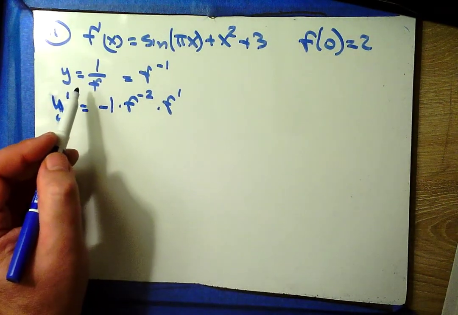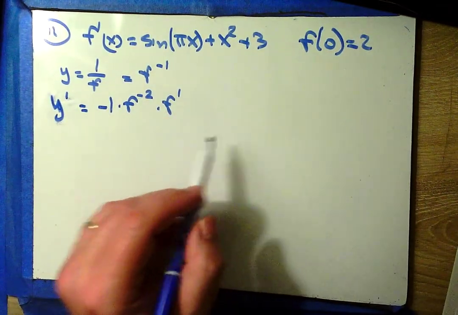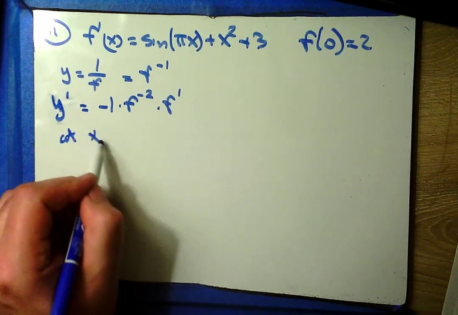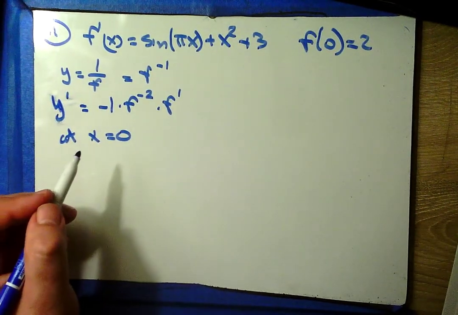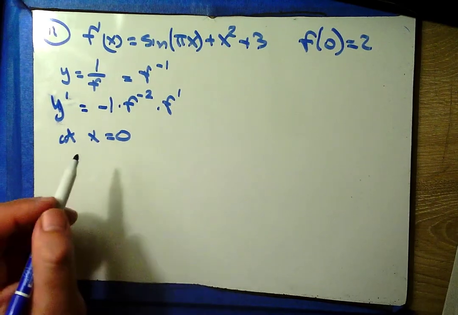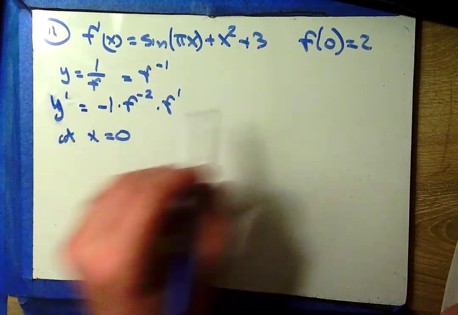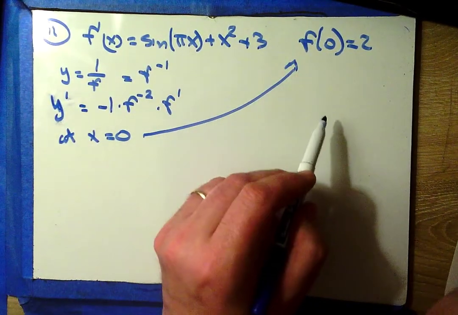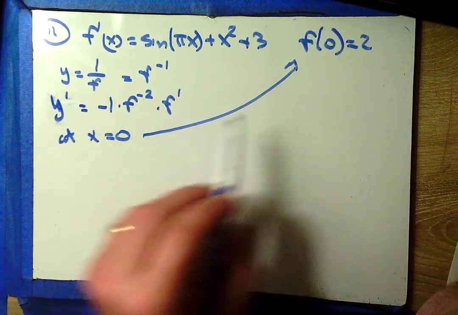And why do I need that? Because I'm writing the equation of the tangent line at x equals 0. And remember, in order to write the equation of the tangent line, we need two things. We need a point and a slope. So luckily, I know f of 0 is 2. I don't quite have a point yet.